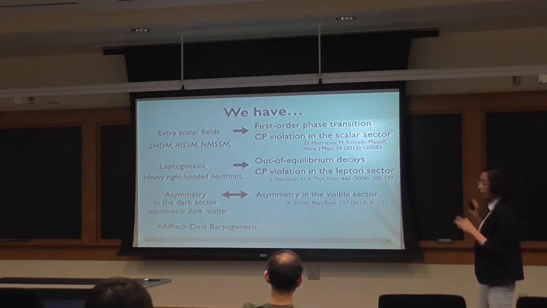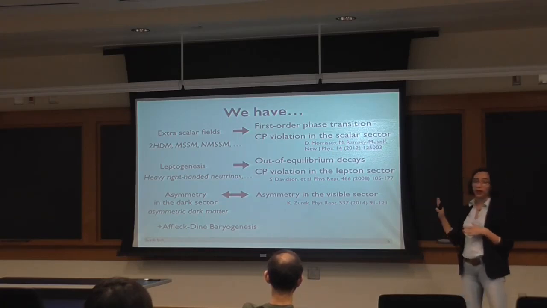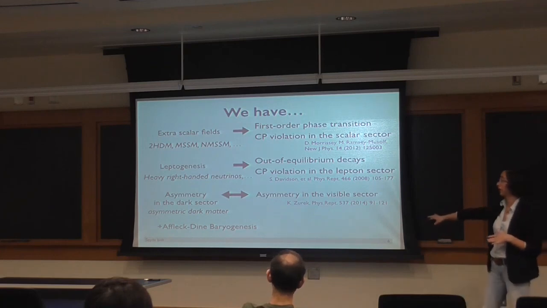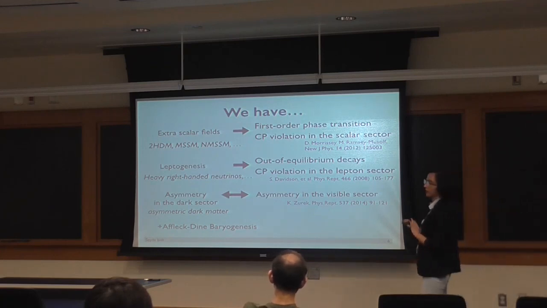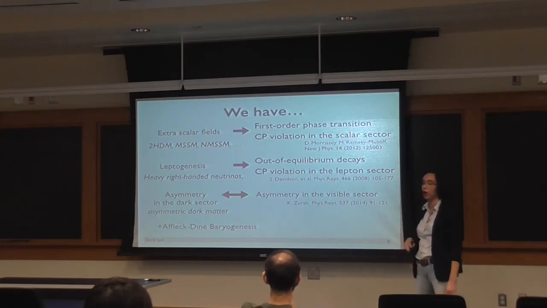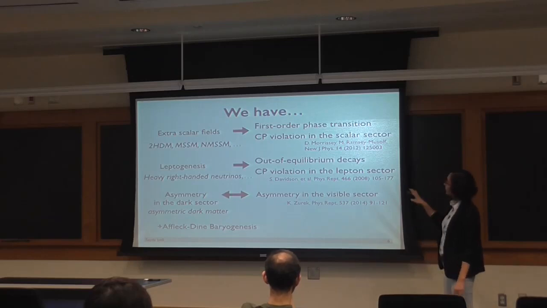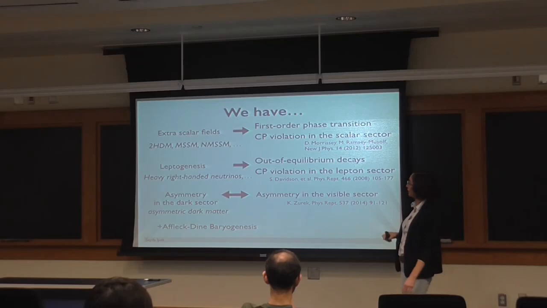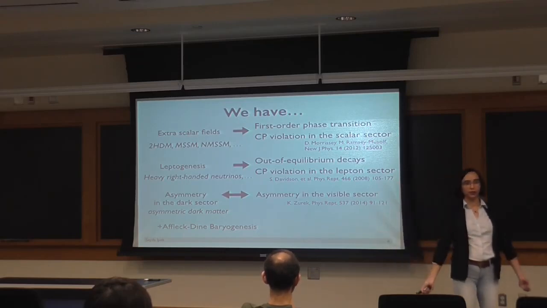So I try to categorize models of baryon asymmetry production here. This is definitely not a complete categorization, but it gives you an idea of what is available in the theory sector. So one set of models are called electroweak baryogenesis models. They just add new scalar fields to the standard model.